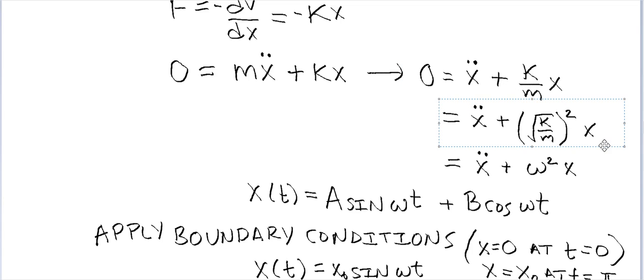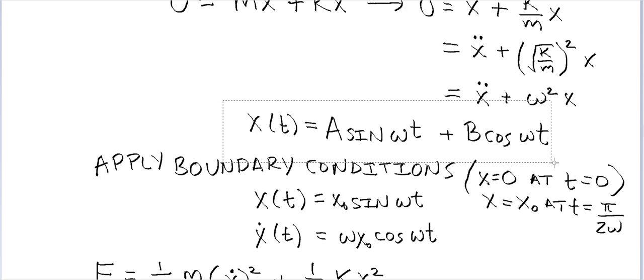And so we could write this as x double dot plus the square of the square root of k over m times x. And we could just define omega to be the square root of k over m, in which case we get x double dot plus omega squared x.